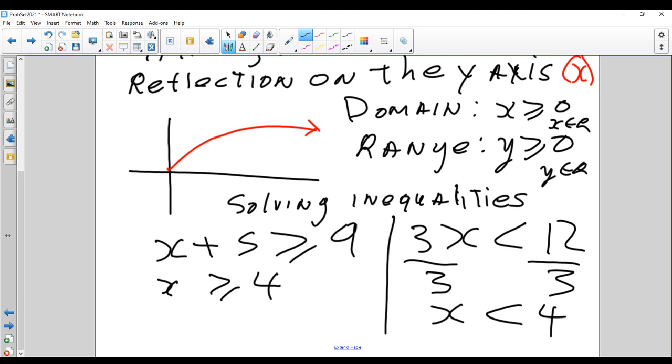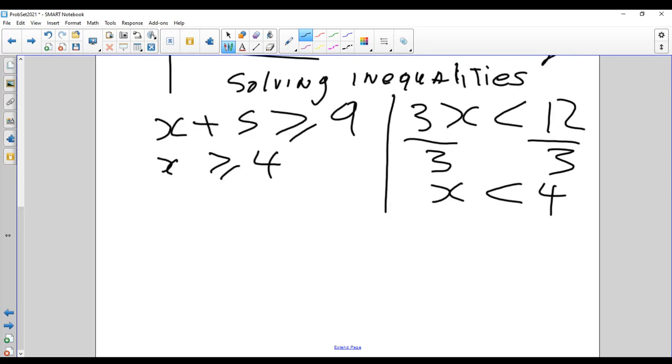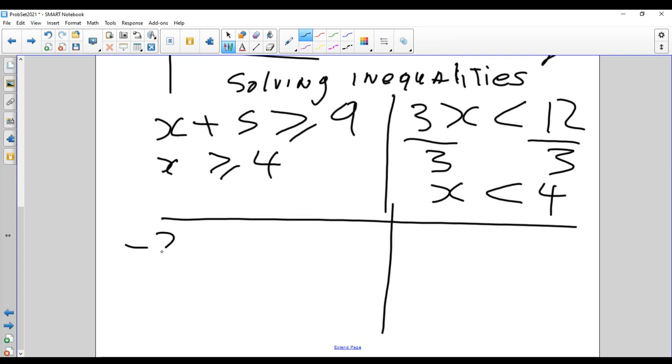Here's what's new. And this is going to apply to what we're about to do. If this had been minus 2x is, let's say, greater than or equal to 10, yes, I have to divide the two sides by the minus 2, right?